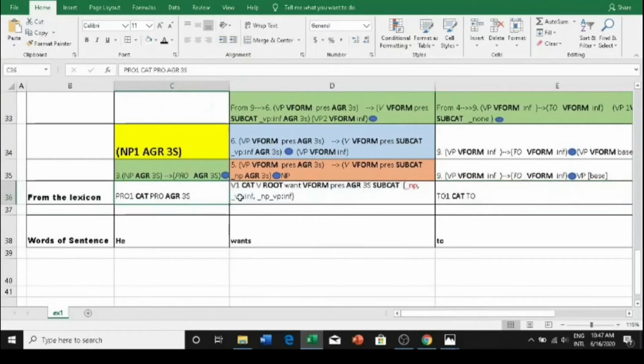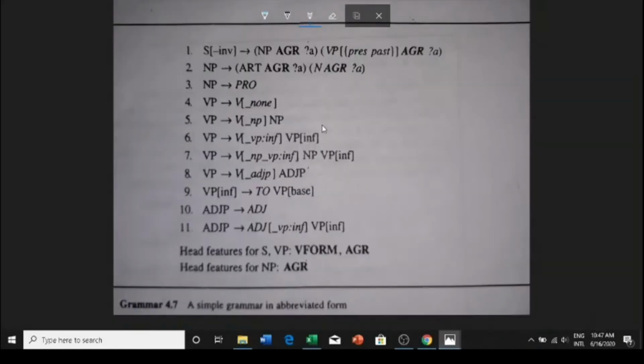We are going to see whether we can get a match for all these lexicon entries for each word in the right hand side of any production. Which grammar are we going to consider? It is the simplified grammar, shown in figure 4.7 from your textbook.